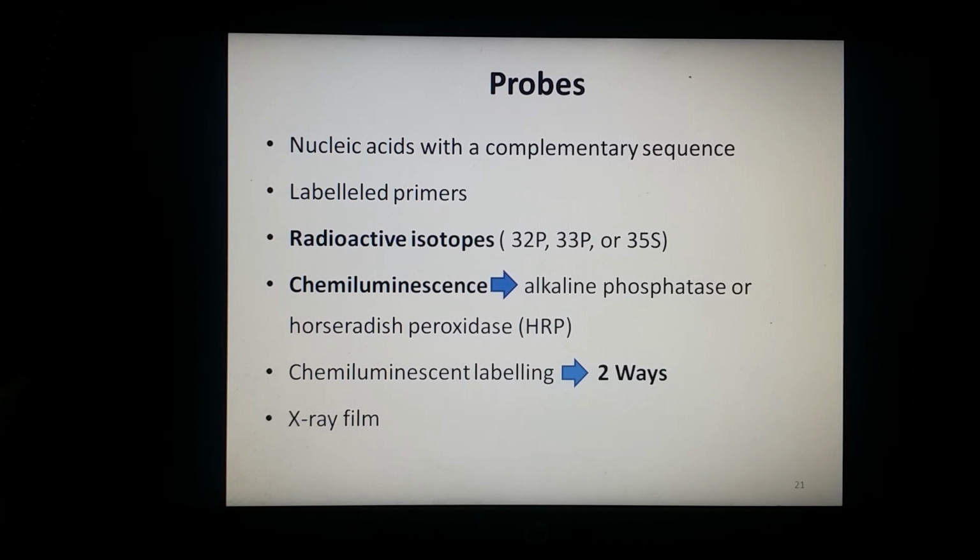And later on, the X-ray film can detect both the radioactive and chemiluminescent signals. Chemiluminescent signals are faster, more sensitive, and reduce the health hazards as compared to radioactive, because radioactivity is highly dangerous for health. So it is better to use chemiluminescent labeling.